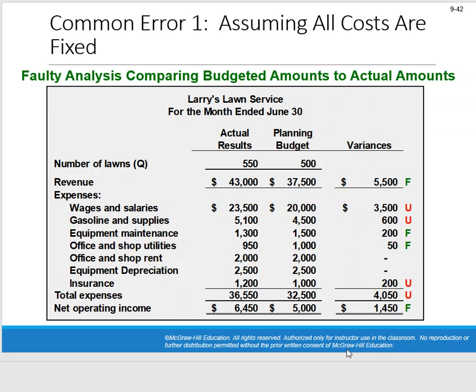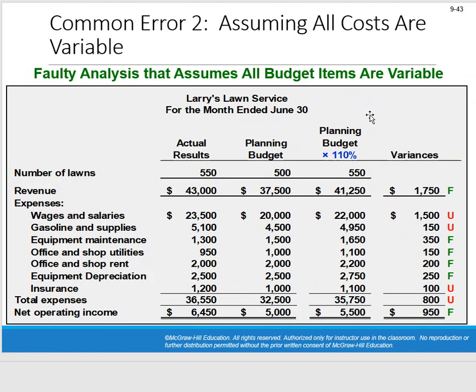So this is faulty analysis, assuming that at a higher level of activity we don't need to update our planning budget, that everything's just fixed and that this is an okay comparison. This is what we call an apples to oranges comparison. We don't want to compare our planning budget with our actual results. We need to flex the planning budget and have a flexible budget based on our actual level of activity. So this would result in bad analysis.